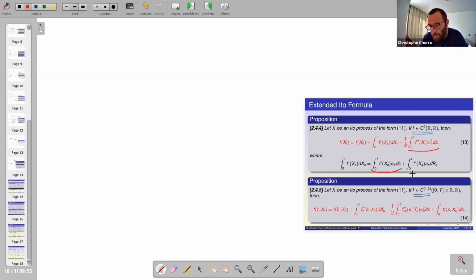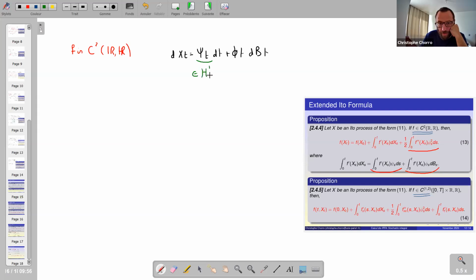Then you have another Riemann integral here, and you have a stochastic integral here, with my condition that f is C2 from R into R. And my integrability hypothesis for my Ito process X is that I have dXt equal to psi of t dt plus phi of t dBt, in the extended way, meaning that I have psi in H1 log, and phi in H2 log.